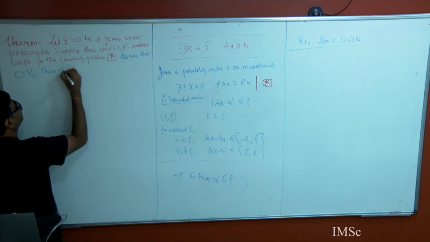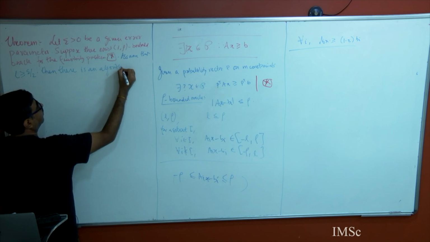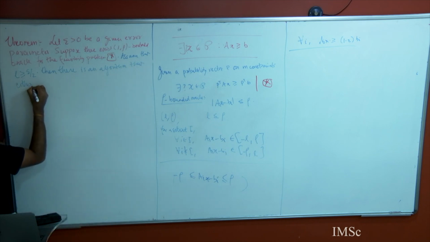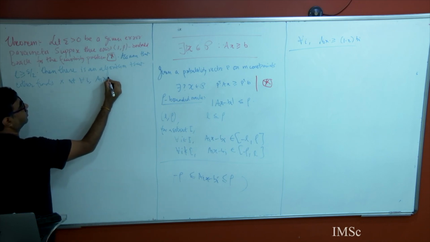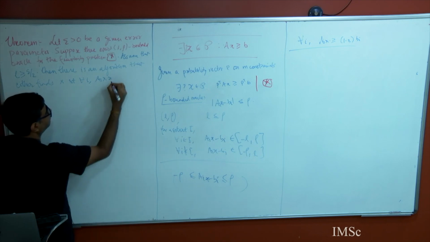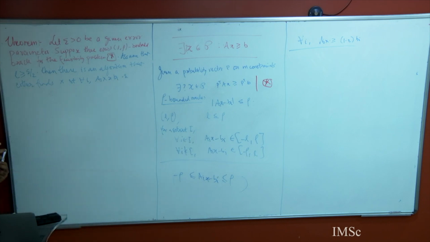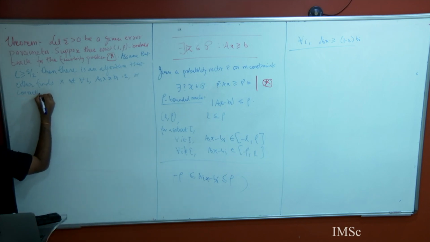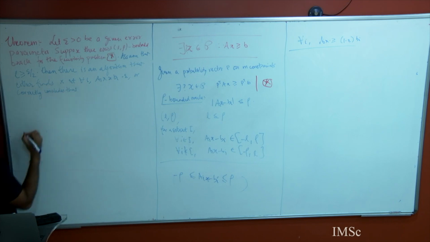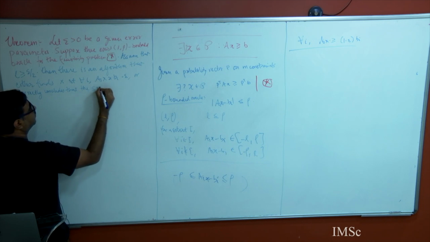Then there is an algorithm that either finds x such that for all i, a_i x is greater than or equal to b_i minus epsilon, or correctly concludes that the system is infeasible.